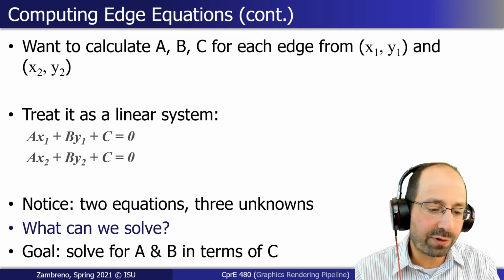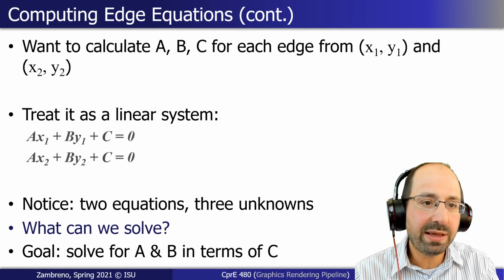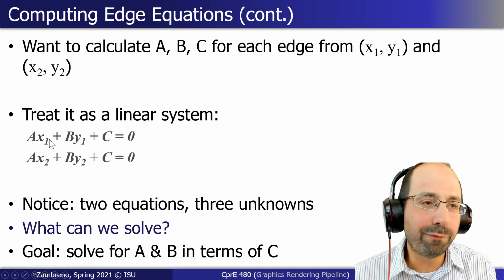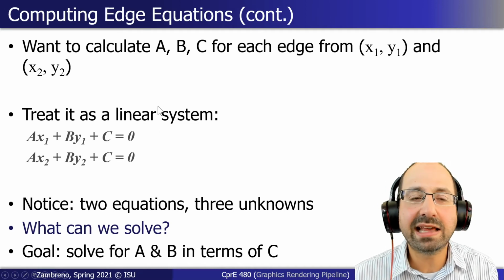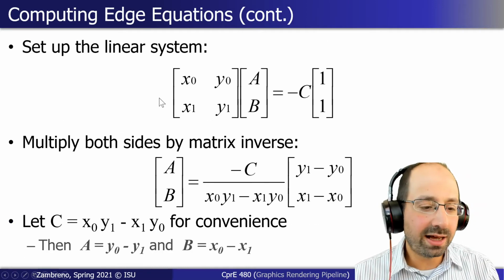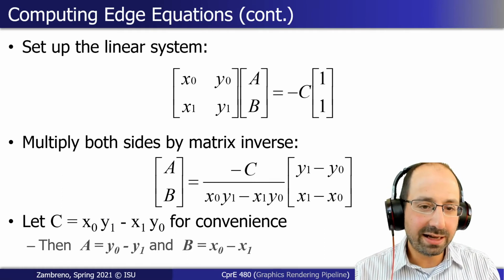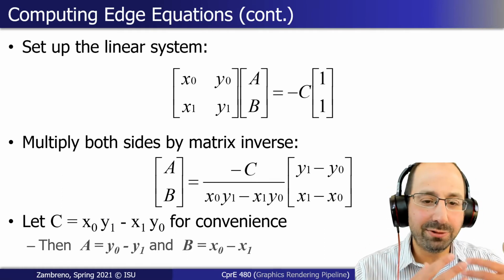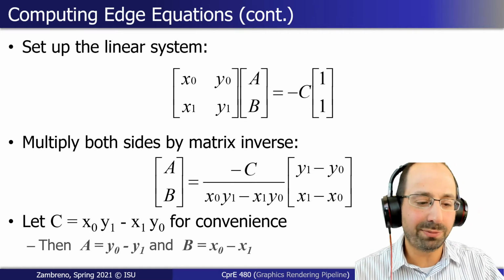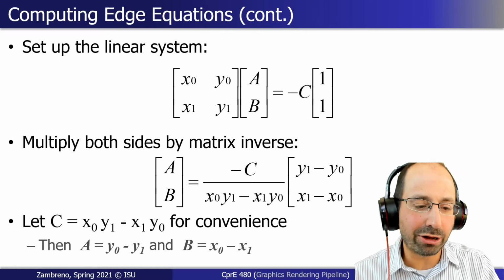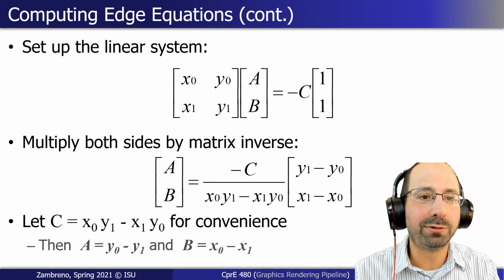So for this edge walking approach, we then have to calculate A, B, and C. We can solve for A and B in terms of C. There are infinitely many values of A, B, and C that satisfy those two equations. Computer engineers will be required to take linear algebra in future catalogs. You should still take it anyway, if this is a topic that you enjoy and you're learning more about machine learning and computer graphics, and you still need another elective. It will eventually be required.